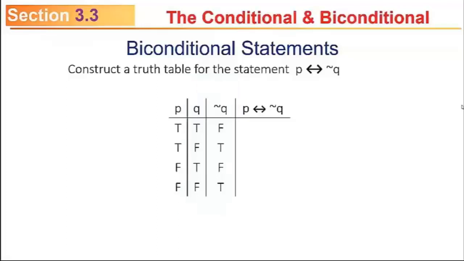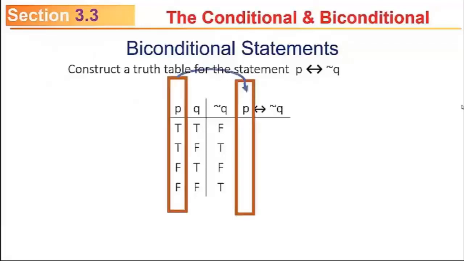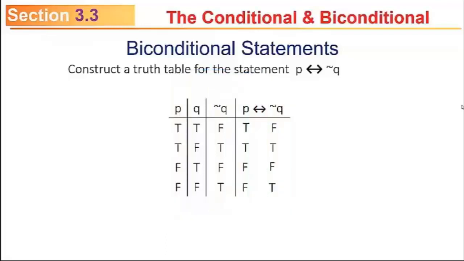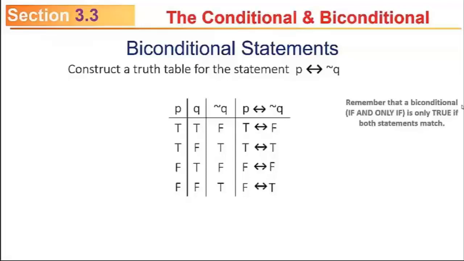Then I notice that in the final column I have a P on the left of the if and only if symbol. So I'll move those P values from the far left underneath the P. And on the right side of the biconditional symbol I have the not Q, so I'll move the not Q values underneath. Then I remember that the memory aid for the biconditional is it's only true if they match.